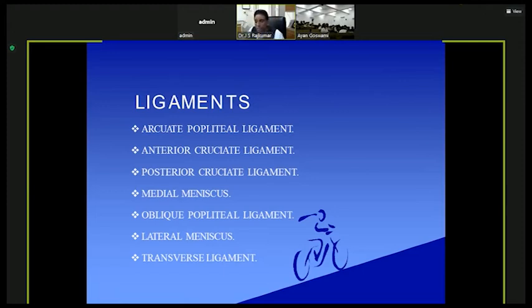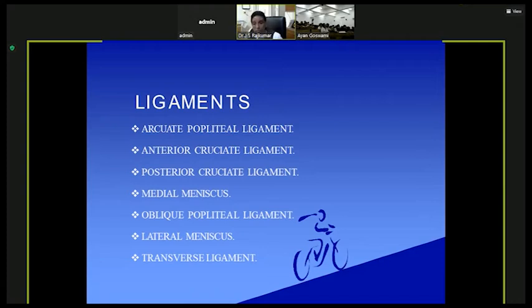If somebody comes in and kicks you from behind at your knee, you sometimes buckle and fall. That happens by unlocking the popliteus. As you extend the knee, it gets locked by the popliteus. And when somebody knocks you from behind and you fall down, that means your popliteus has been unlocked.